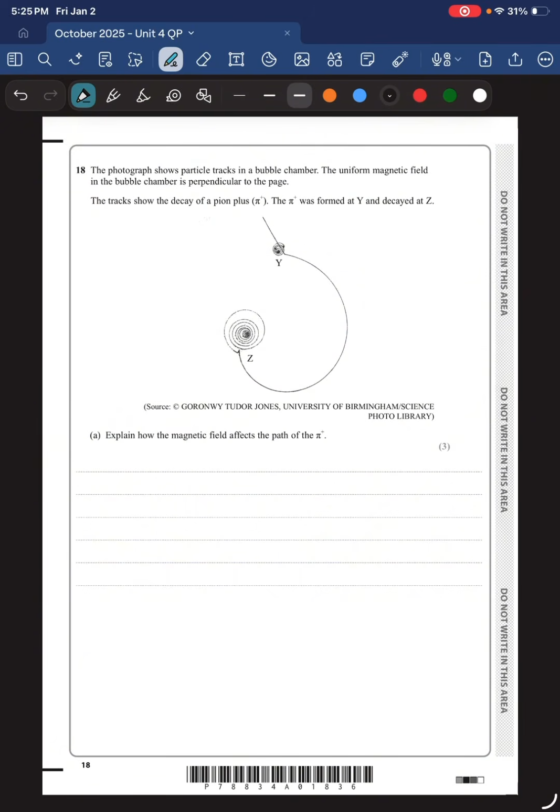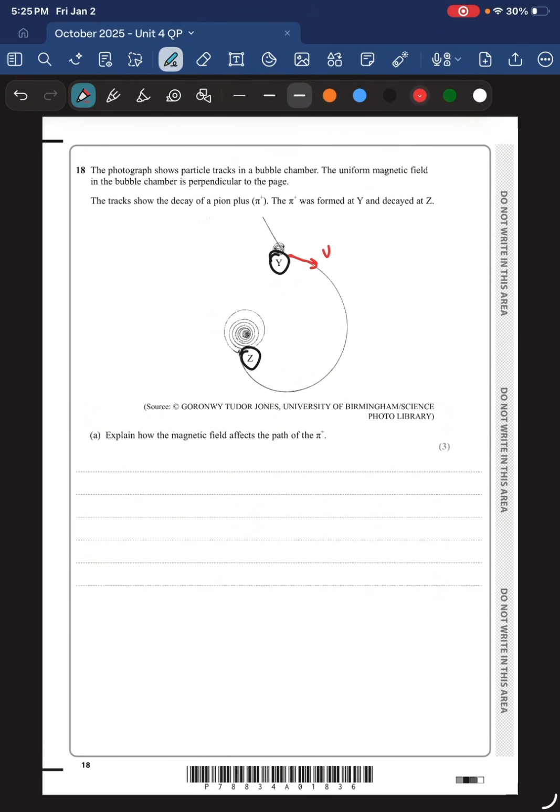The tracks show the decay of a pi plus. The pi plus was formed at Y over here and decayed at Z. So it pretty much traveled along this route. It's kind of circular, and therefore we know that the velocity is tangent to this path.